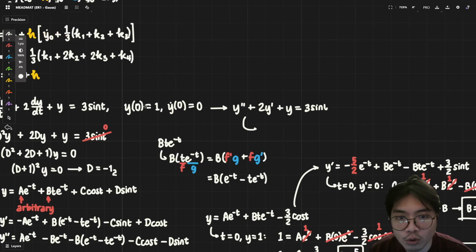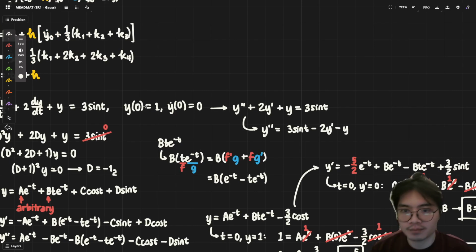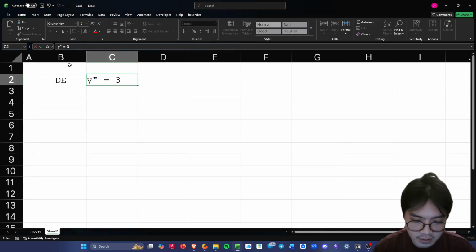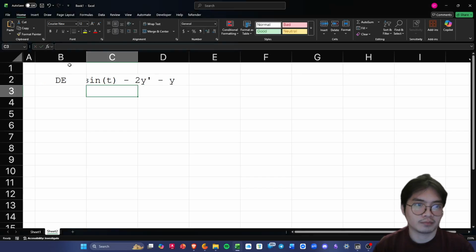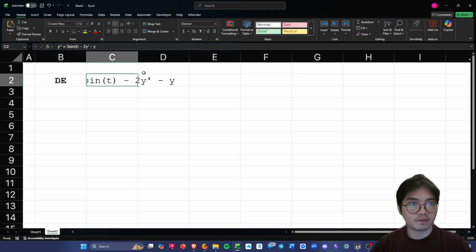That means that your function now, your y double prime, is going to be 3 sine t minus 2y prime minus y. Okay, so that is now it. 3 sine t minus 2y prime minus y. That is your differential equation.